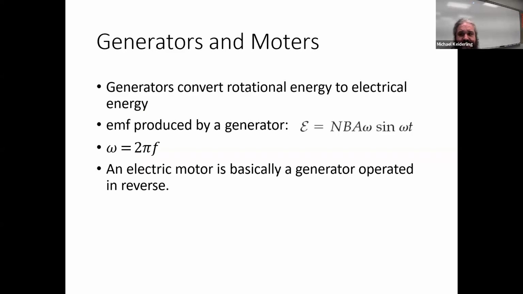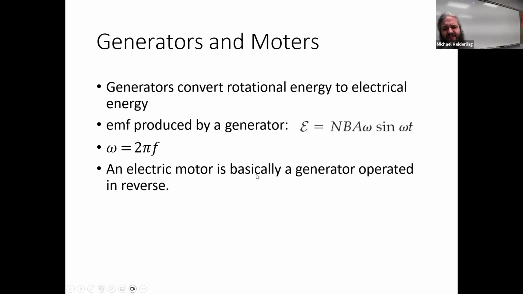So generators and motors. Generators convert rotational energy to electrical energy. And the EMF produced by a generator, assuming this is for a simple generator that's just a loop of wire spinning in a magnetic field, is number of turns times magnetic field times the area of the loop times omega times sine omega t, where omega is 2 pi times the frequency of the generator.